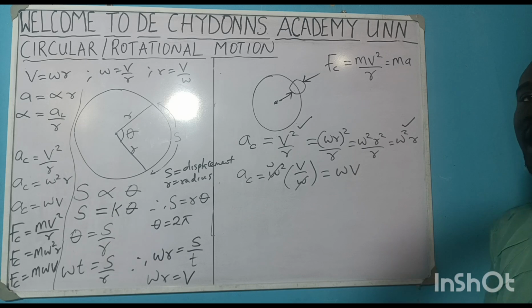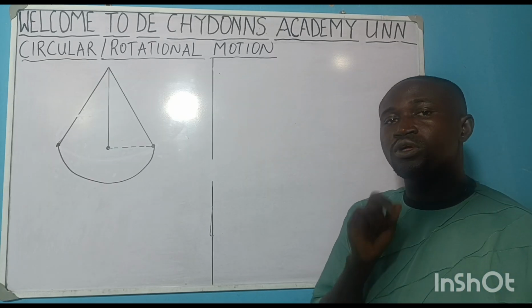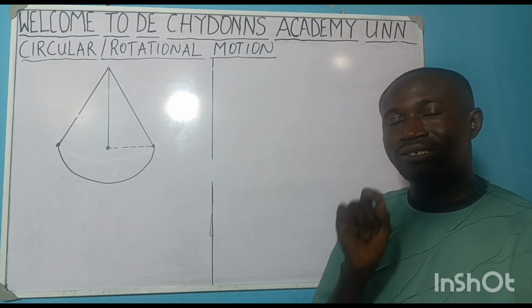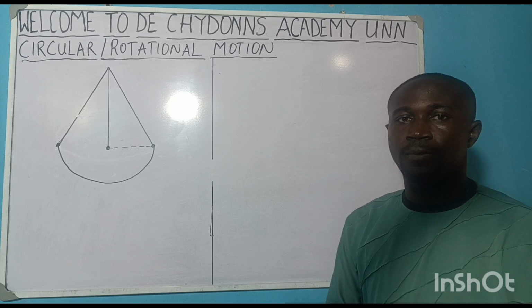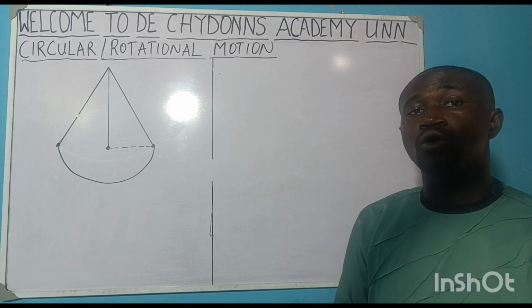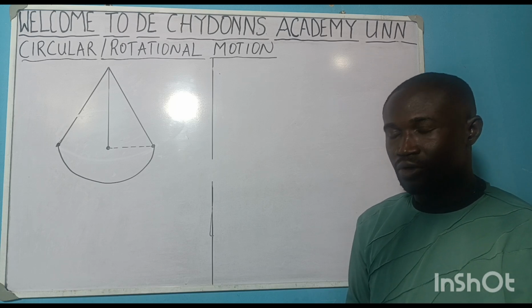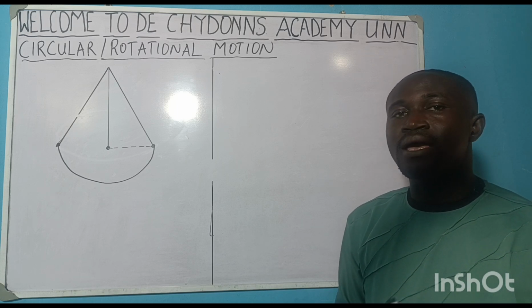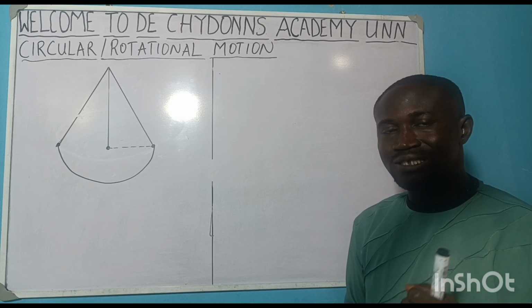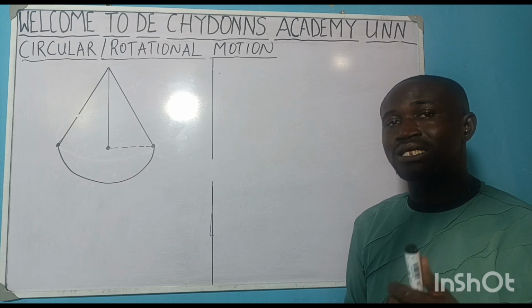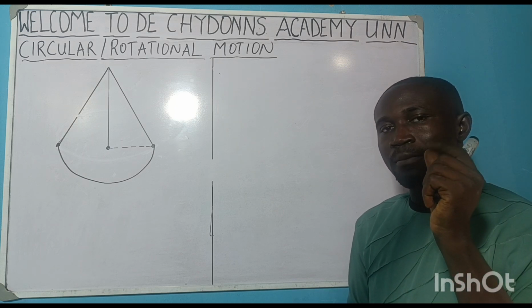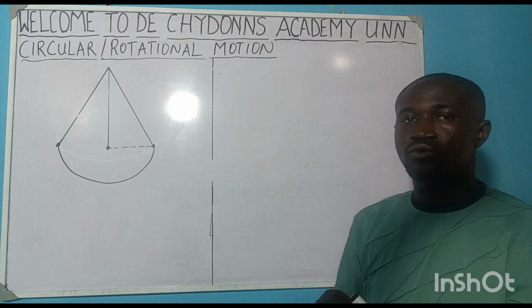Okay, we want to discuss horizontal circular motion of a body. That is, when a body undergoes horizontal circular motion, what happens in that condition? Now, what do we mean by a body undergoing horizontal circular motion? If you want to understand it well, picture in your mind how a ceiling fan rotates.